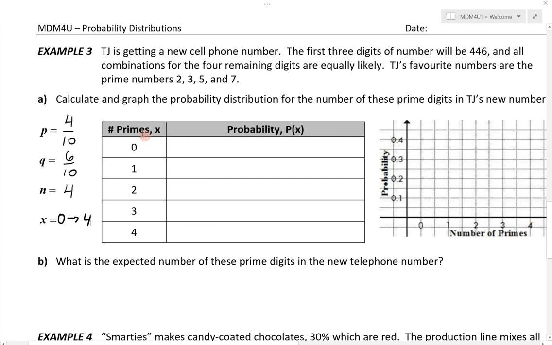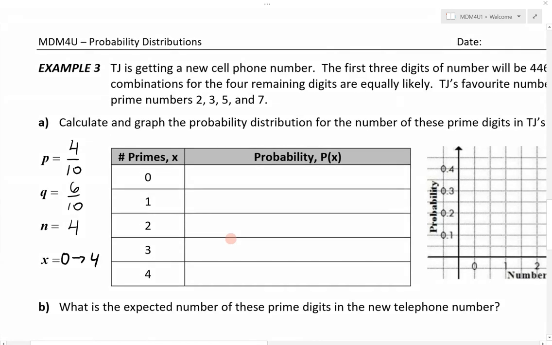Okay, so let's look at having 0 prime numbers as an outcome of getting 4 more numbers. Let's look at that probability, and we're using the binomial probability to do that. As a reminder, that formula is P of x equals n choose x times the probability of success times the probability of failure.